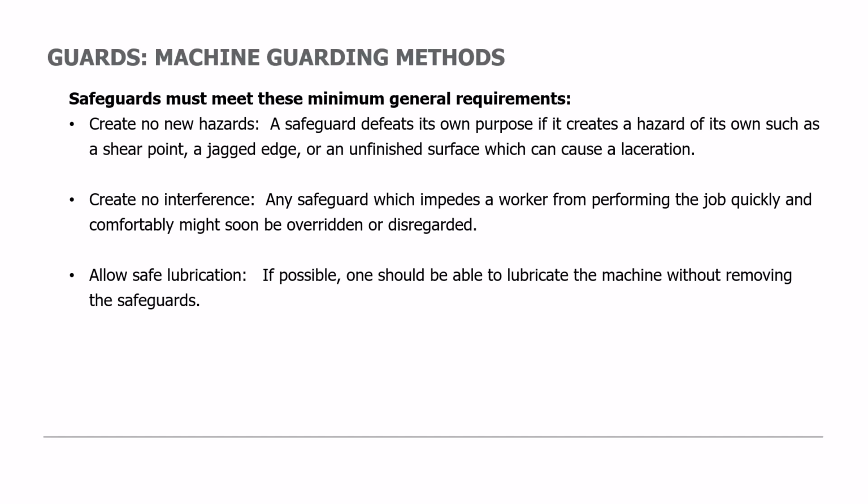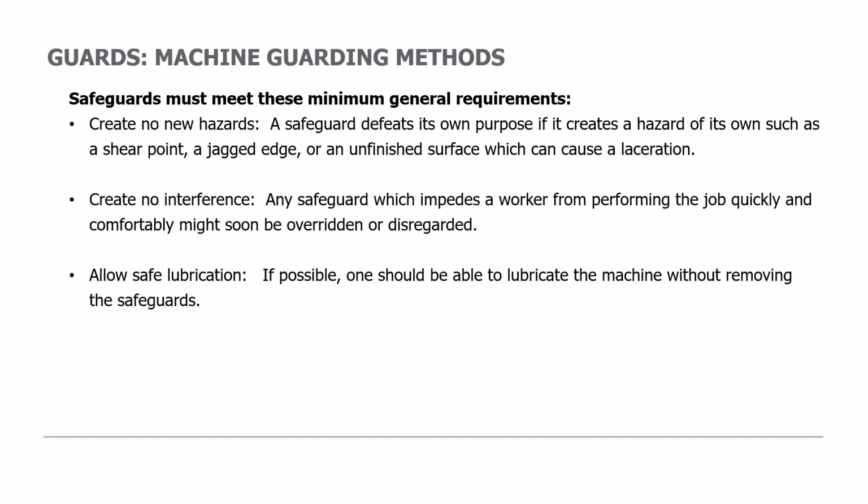Safeguards also must have, once again, continuing on with the minimum general requirements, no other new hazards. A safeguard defeats its own purpose if it does create a hazard of its own, such as maybe it creates a shear point, a jagged edge, or even an unfinished surface that can cause a laceration. The other thing is create no interference.